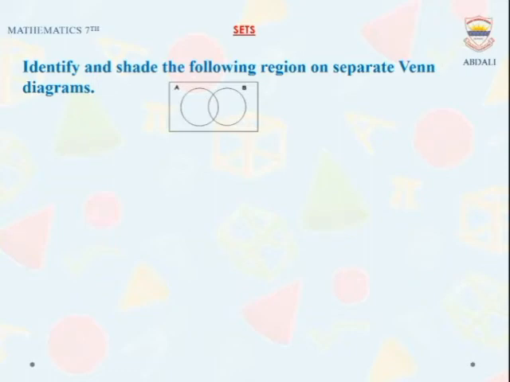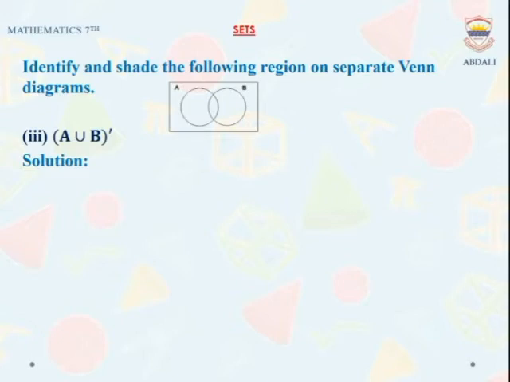Now the part is (A union B) complement. So we have to shade only this part in this diagram. We have to shade only (A union B) complement in this diagram. So let's start our solution.